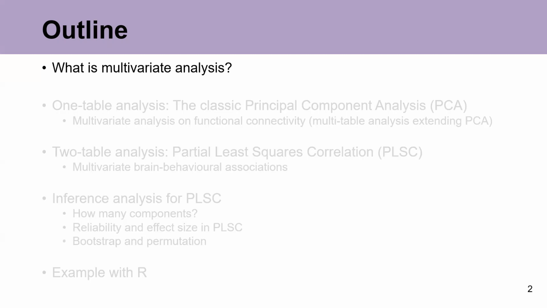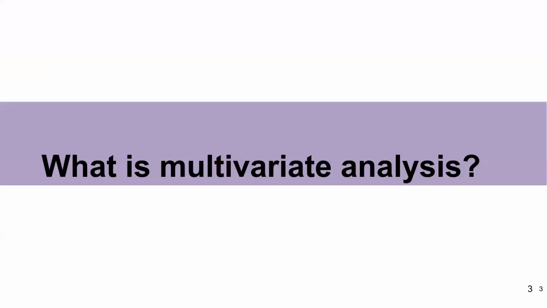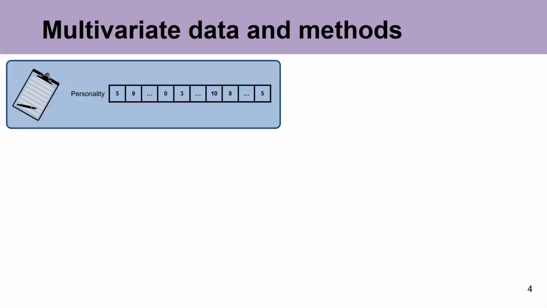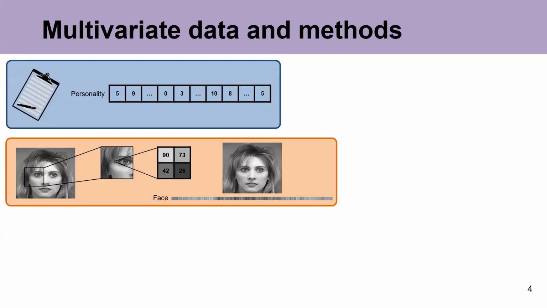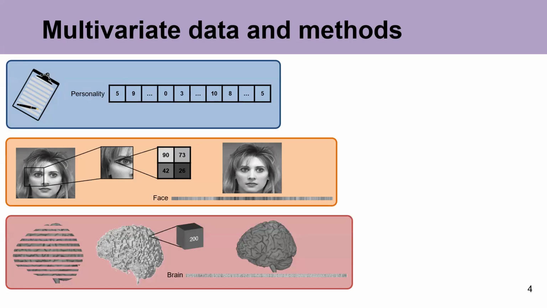Okay, so let's start with what is multivariate analysis. Multivariate data are a lot of data that we see nowadays. For example, you might have questionnaires, you might have images, and in our case, we have voxels or parcels in the brain, and they all have the same feature that it's very complex. There's just a lot of them that it's very hard to just eyeball it and see anything, right?